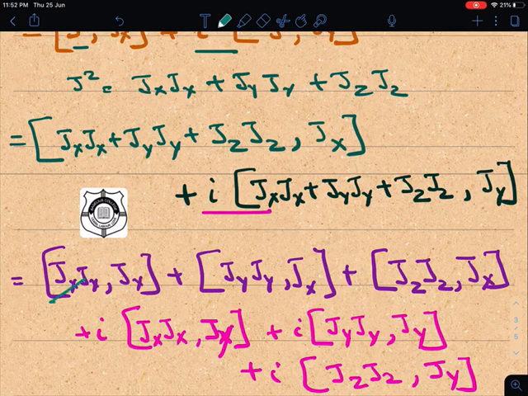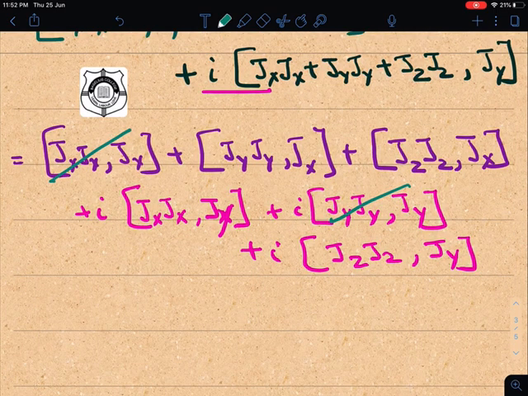Now you can see that this will go to 0 and also this will go to 0, because they are repeating operators.